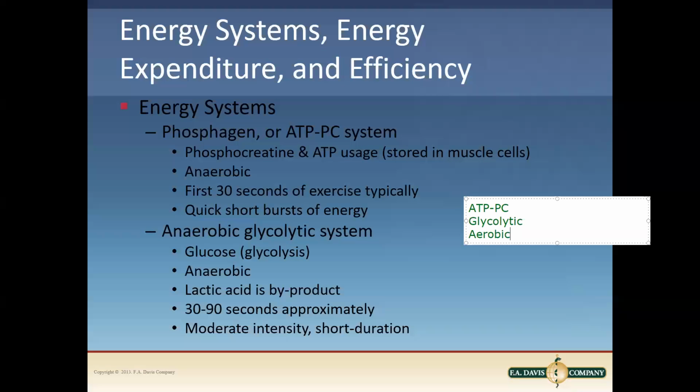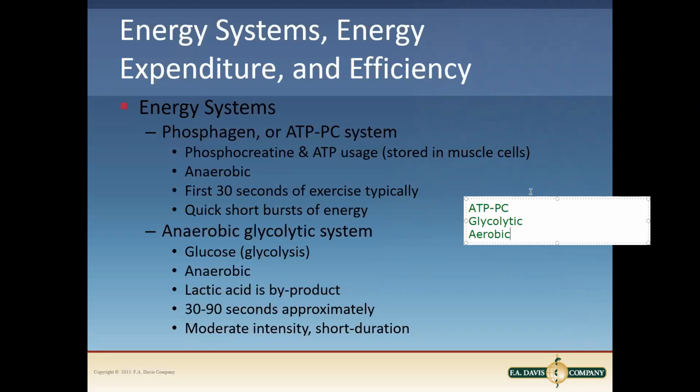The reason I list them in that order is those are kind of the process by which we go through energy. We'll first of all start off from the ATP PC system, then we'll go into anaerobic like glycolytic, and then we'll go into aerobic. So what that means is to truly do aerobic conditioning, you need to be doing more than just a few seconds of work, right? Just doing one push-up is not going to get you into aerobic conditioning.